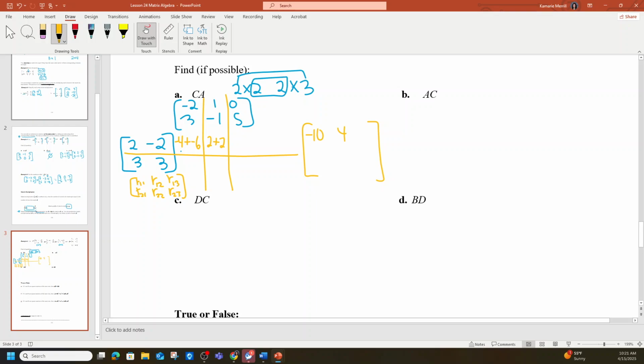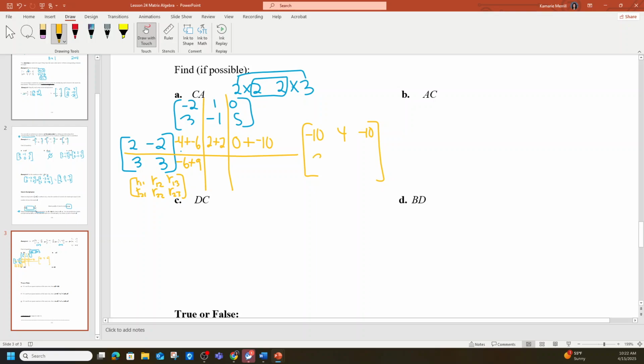All right, let's do this. Row 1, column 1. We have a, do you guys see that it's a 0 plus -10? Okay, let's do row 2, column 1. What do you guys get? -6 plus 9.